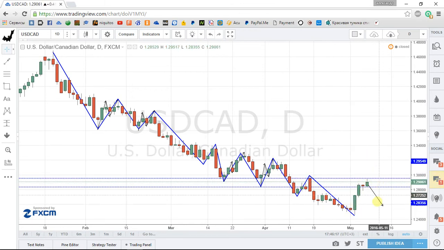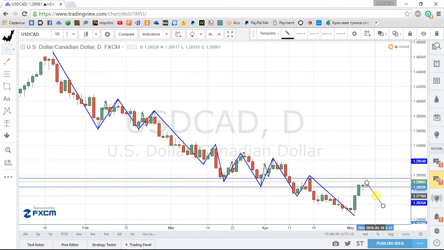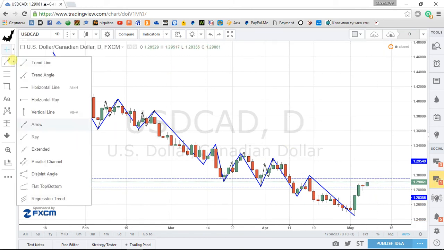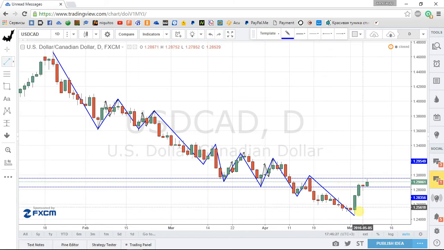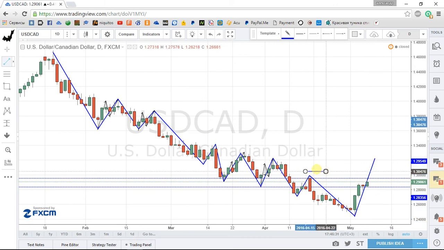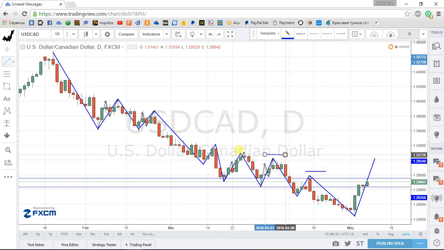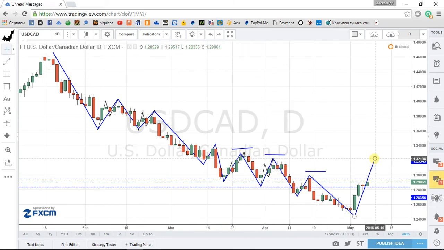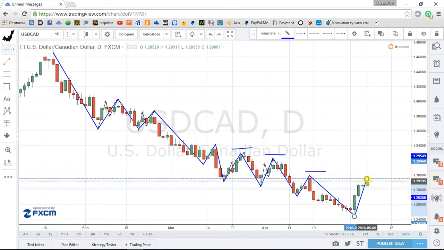Okay, so what will signify that the uptrend is finished? Then this structure of higher highs and higher lows is violated. If the price goes higher than this high, you see that this is a lower high, lower high, lower high, and this should also become a lower high because we have a tendency. Price will most likely move in this direction.